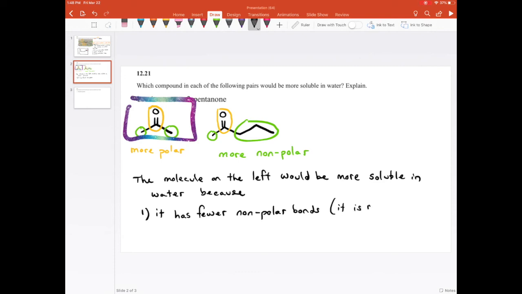It is more polar. 2, water is polar. And 3, like dissolves like.